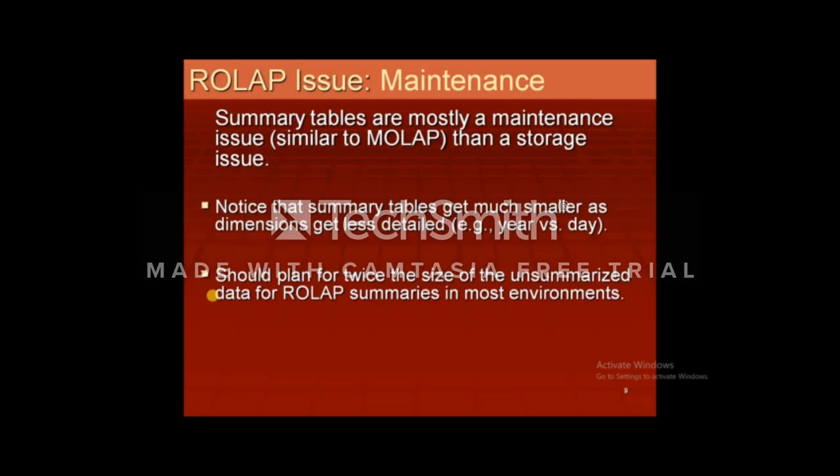It means that when we have fewer summaries, we will not get more detailed results from the data. So to get more detailed results or more summaries from the data, we will have summaries much larger than a very small table, but the size of the total summary table should be half of the unsummarized data that we have available in the data warehouse.